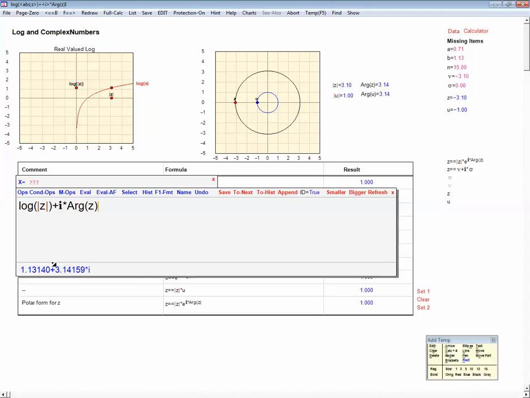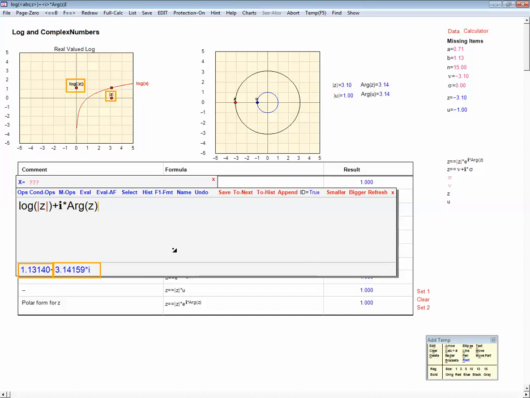Here is the imaginary part of the log of z. It's pi. And of course here's the real part, and the real part you get by just going back to our familiar version of log and plugging in the modulus of z there and seeing what pops out over here. So it's a little greater than 1, which is what we're seeing down here.